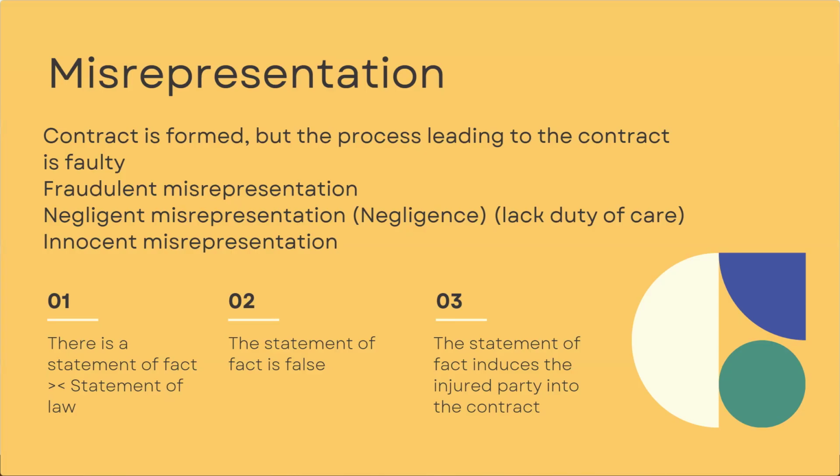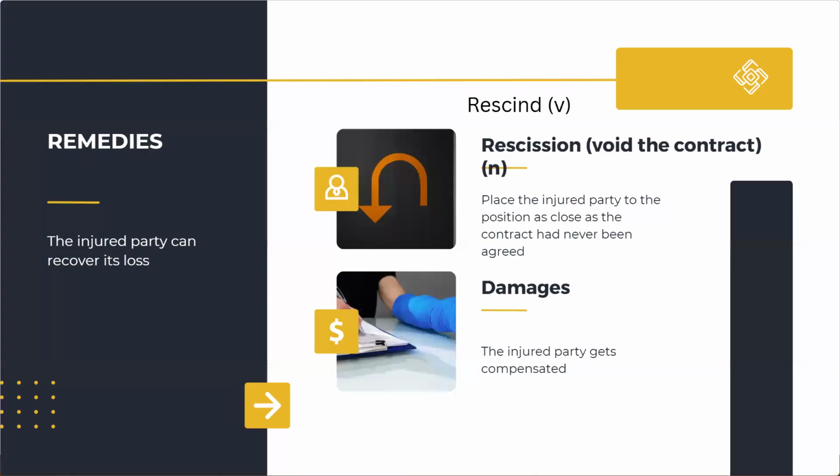So with misrepresentation, we must have some kind of remedy. Remedies are the measures that the court or the parties could apply to restore the balance here.